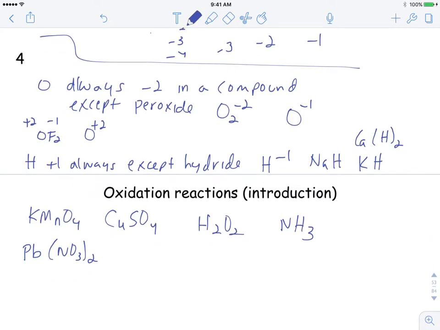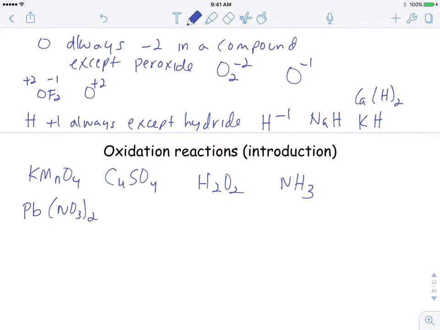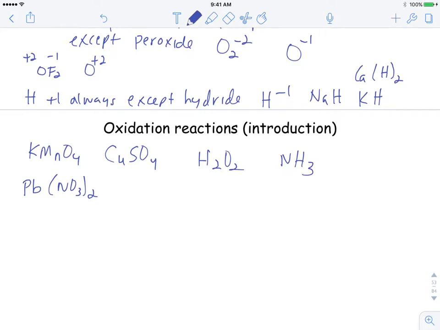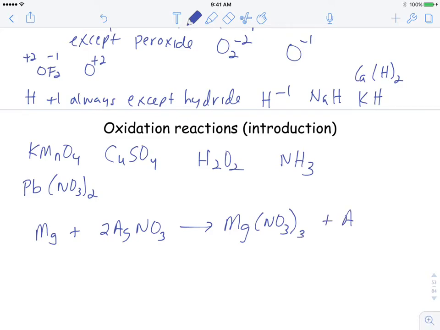So let's talk about how we would do half reactions, oxidation reduction reactions. Let's take, for example, magnesium placed into some silver nitrate. And there's a single replacement that occurs. The magnesium dissolves and the silver materializes as a solid.